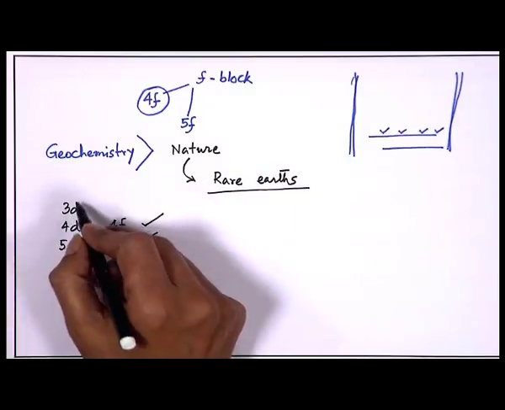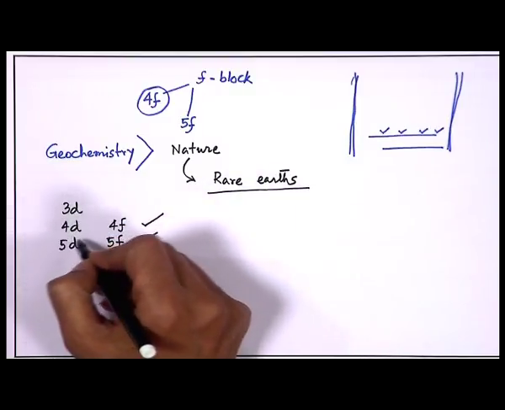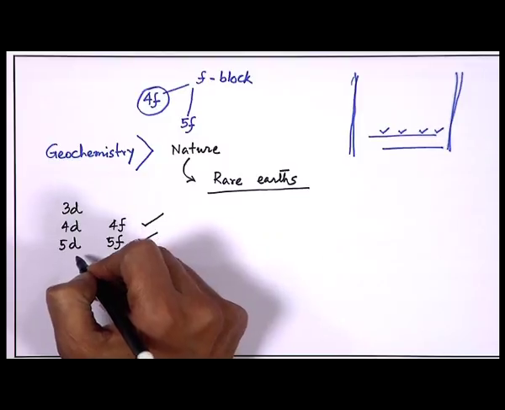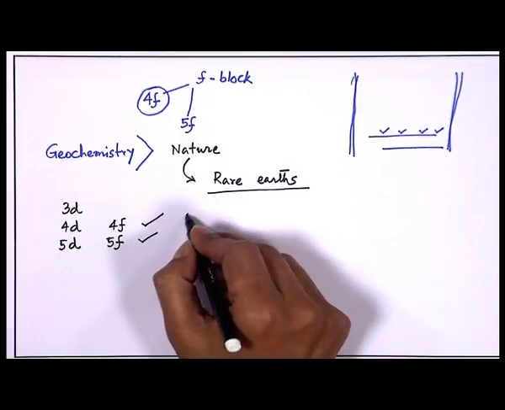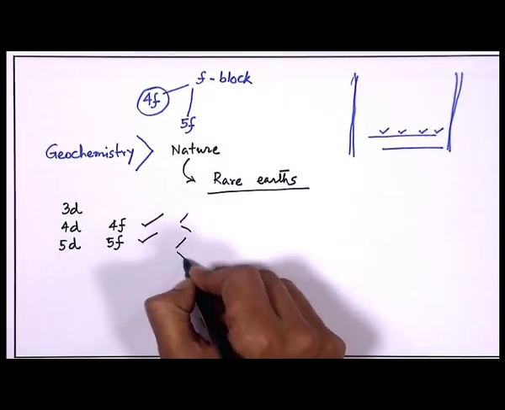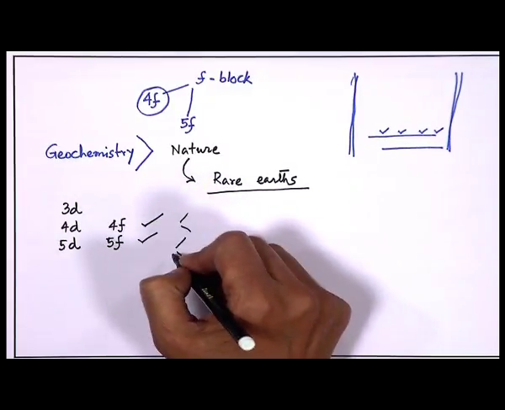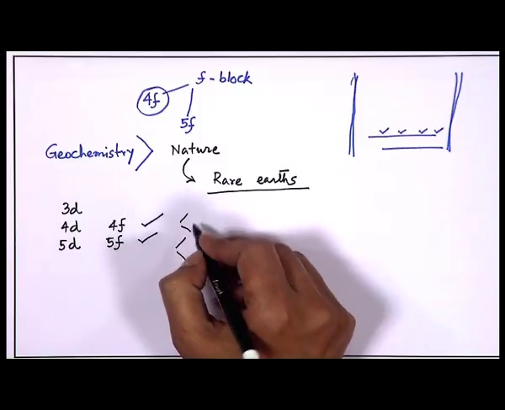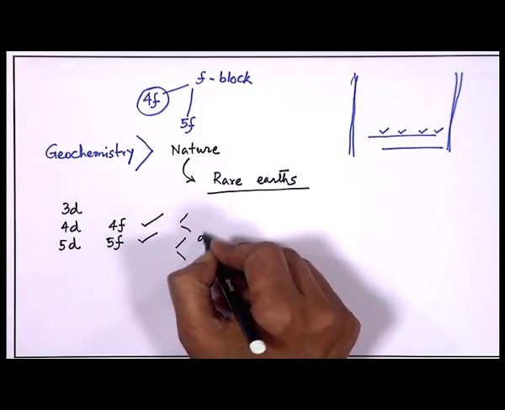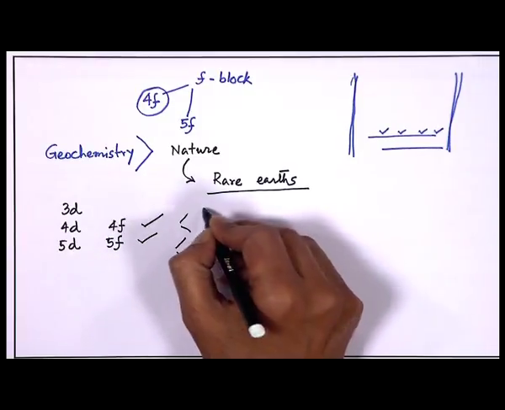As we are dealing with 3d, 4d and 5d, we have seen that the other orbitals involved are very nearby, energetically very close. So, in the case of 5f and 4f, several d and s orbitals will also be there.